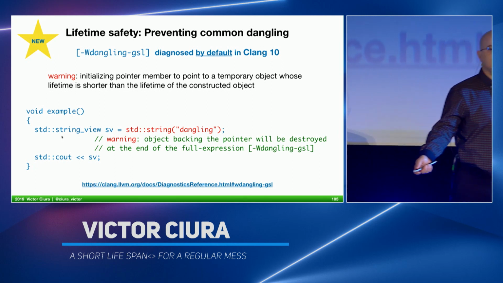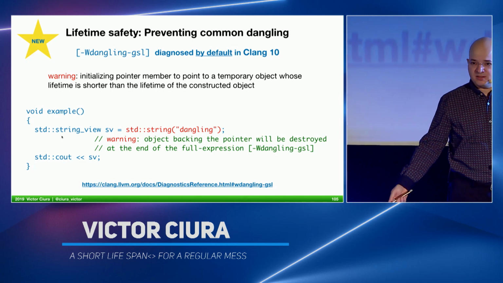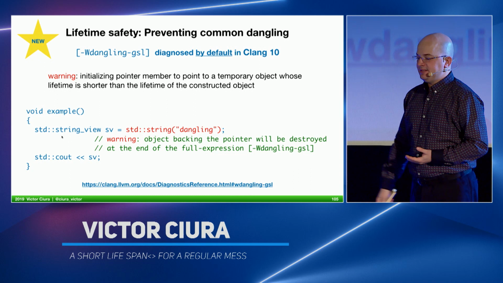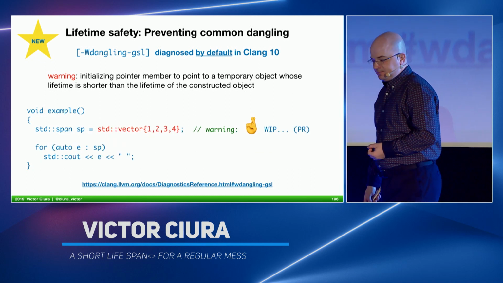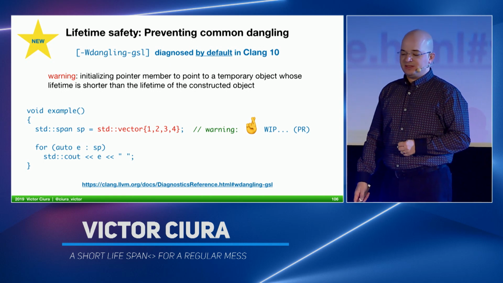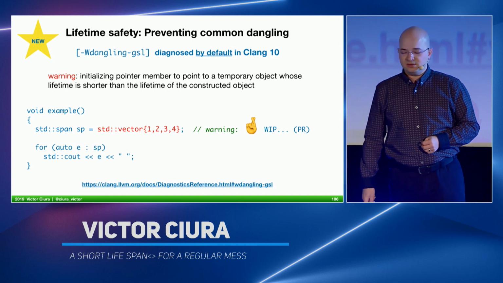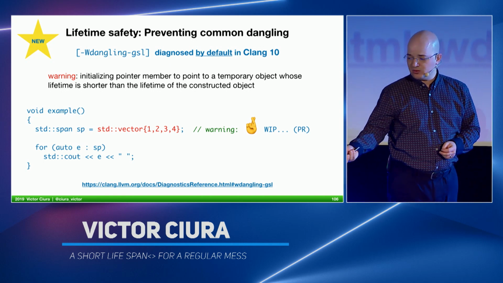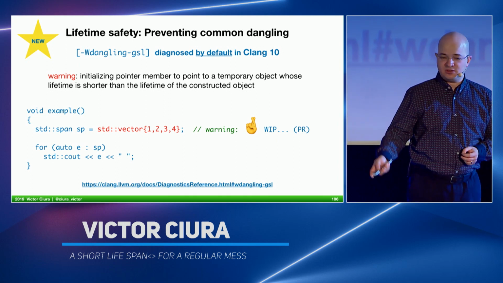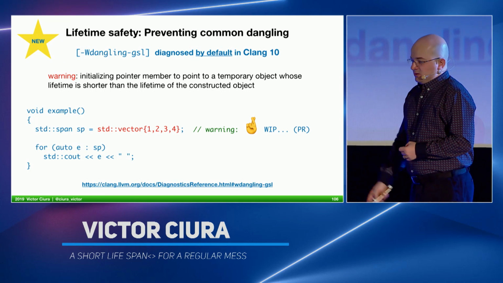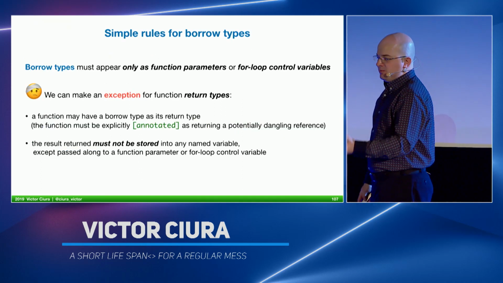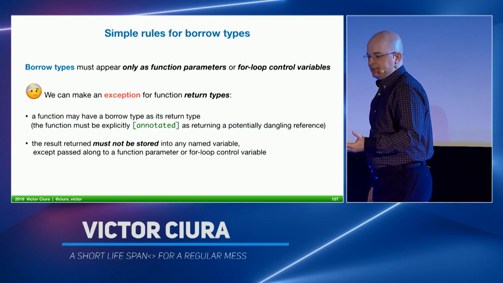I'm hoping to see this in more compilers, turned on by default, and I'm hoping to see it extended for span as well. My understanding is that it's a work in progress, and we should expect to see this sometime in the future for span as well.